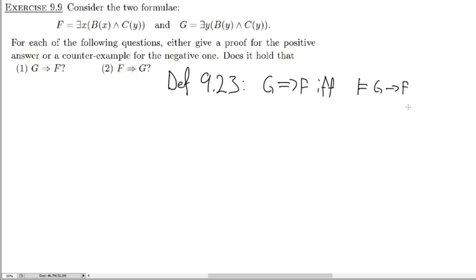Before we go into the proof or counterexample, we can maybe try to get some kind of an intuitive idea of what f and g mean, and whether it's true that f is a logical consequence of g.